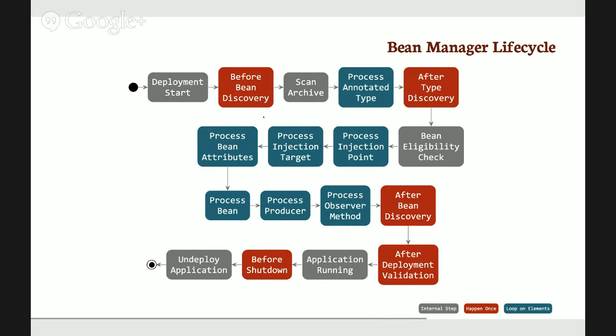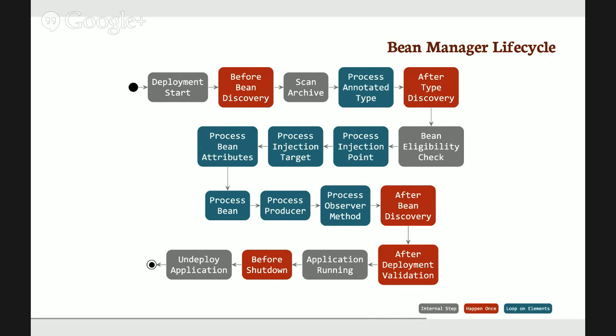The first step, after the application is starting and the deployment of the application is starting, is a BeforeBeanDiscovery event. In this BeforeBeanDiscovery, you can start registering new types and things like that. After that, the container will start to scan all the archives you have in your application. So it checks all the jars you have in your application and all the types.